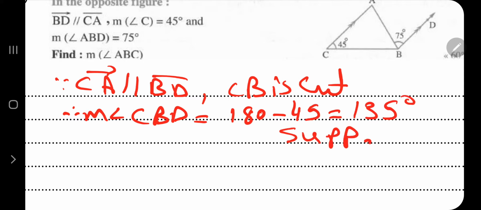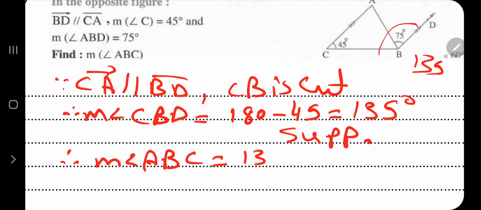Supplementary angles. This angle equals 135. So the measure of angle ABC equals 135 minus 75. It will be 60.